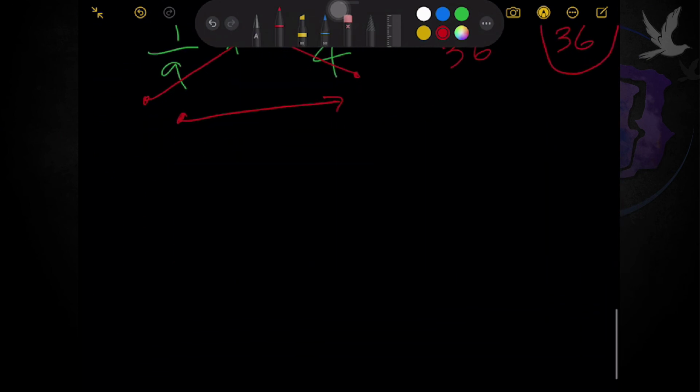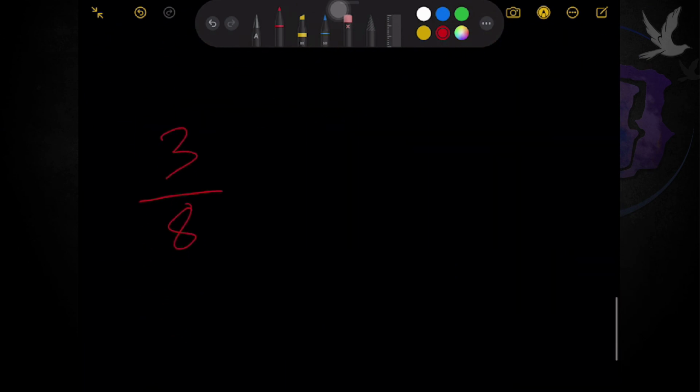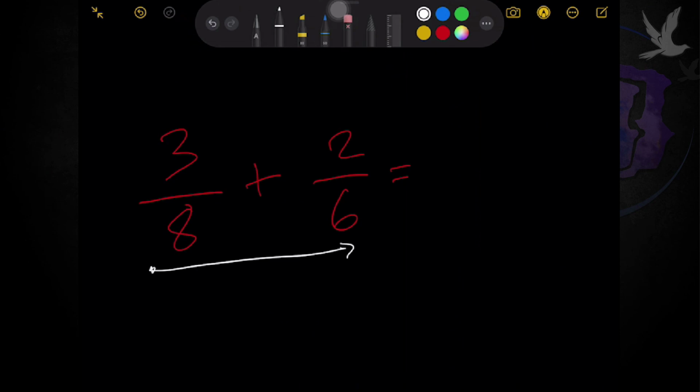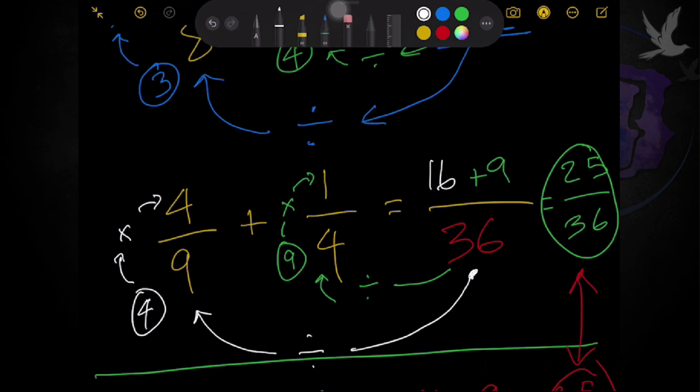We have 3 over 8 plus 2 over 6. Okay. Try natin gawin yung process. First step is yung denominators natin. Step 1, 8 times 6 will give us 48. Dito pa lang, malayo na ang sagot natin. Do you notice? 36 dito eh.